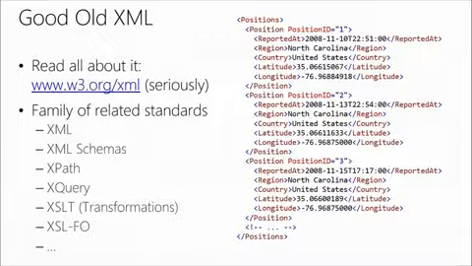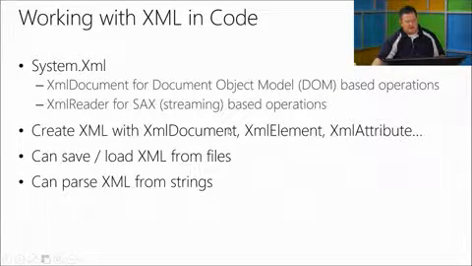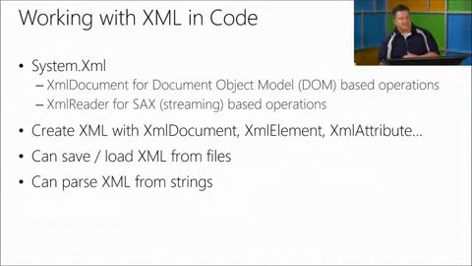But along with XML, there's also a whole family of related standards that actually probably help to add to the confusion around XML. But we've got schemas and XPath and XQuery and XSLT and XSL-FO and so anyhow, lots of different specifications around that. And so typically the way, at least in the past, that we would work with XML in code is through the objects that are in the System.Xml namespace.